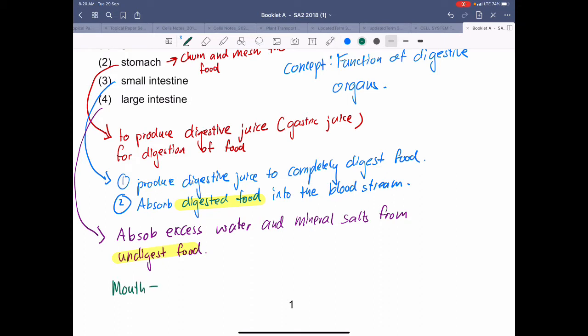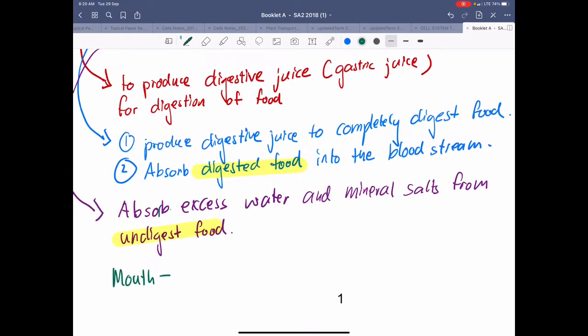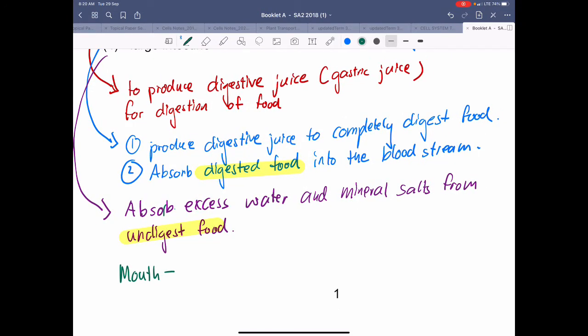Now the mouth has two important functions. For your mouth, there are two important things. The first one is that it helps to break up. Break up and break down are two different things.